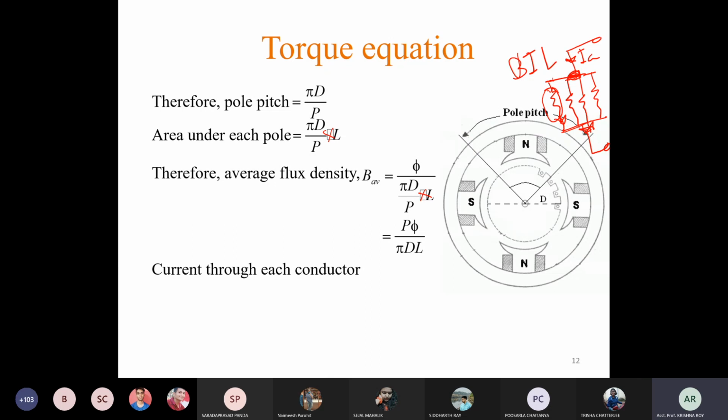Here we have assumed A parallel paths, so the current through each conductor is IA by A. Therefore the force on a single conductor is B into IA by A into L. So that is the force, B average into IA by A into L. Up to this, any question?